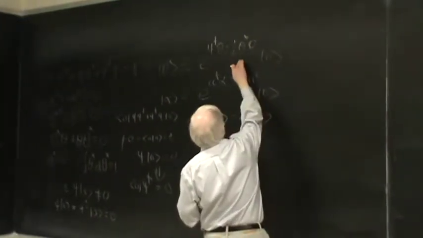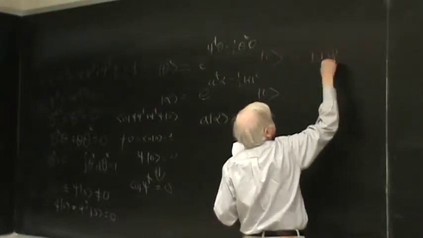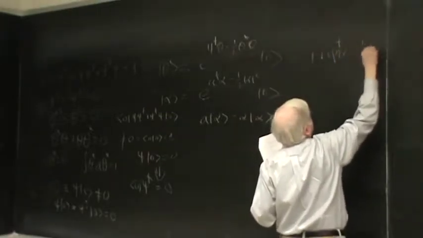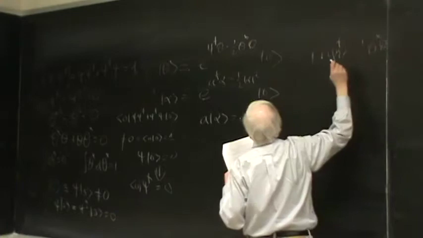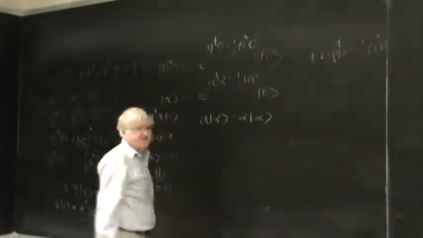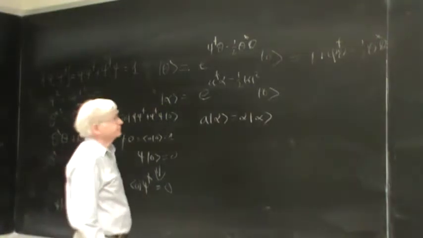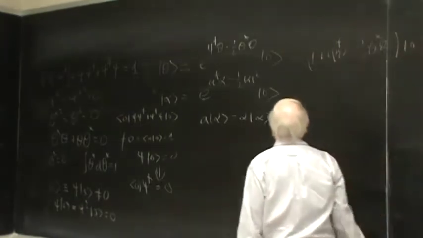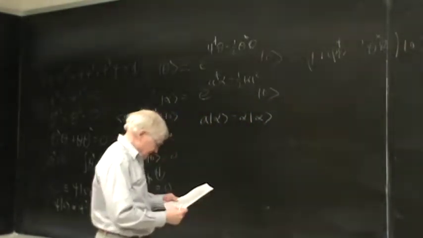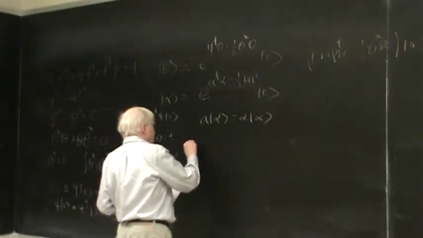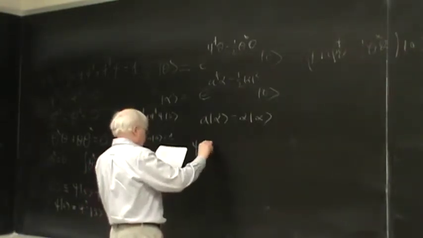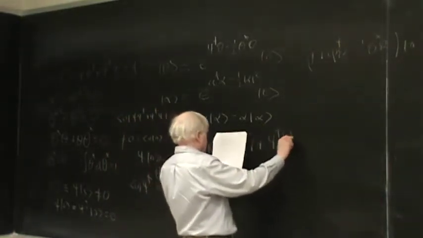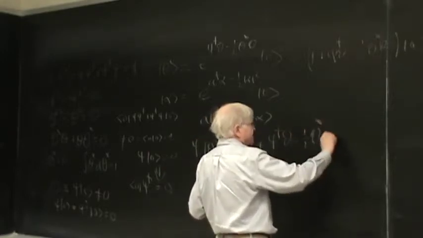First of all, what is this state? Well, if we expand these terms, we get 1 plus theta psi dagger theta minus a half theta star theta. There's a cross term, but it's 0 because theta squared is 0. So it's all of this on the ground state. All right. Now, suppose we have here psi on theta. Well, this is psi on 1 plus psi dagger theta minus a half theta star theta.